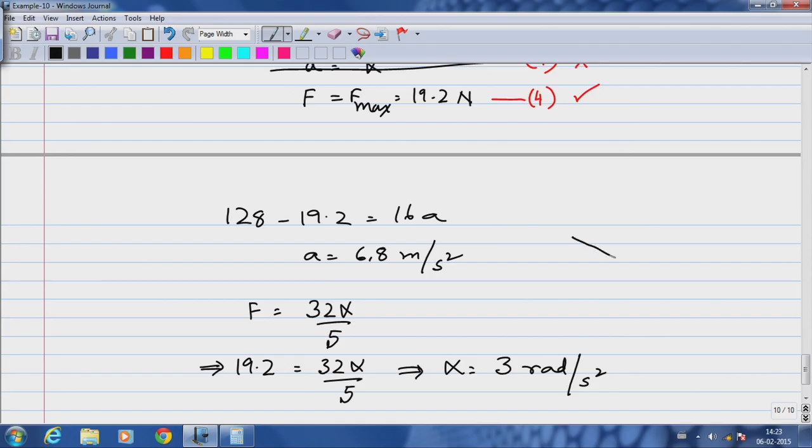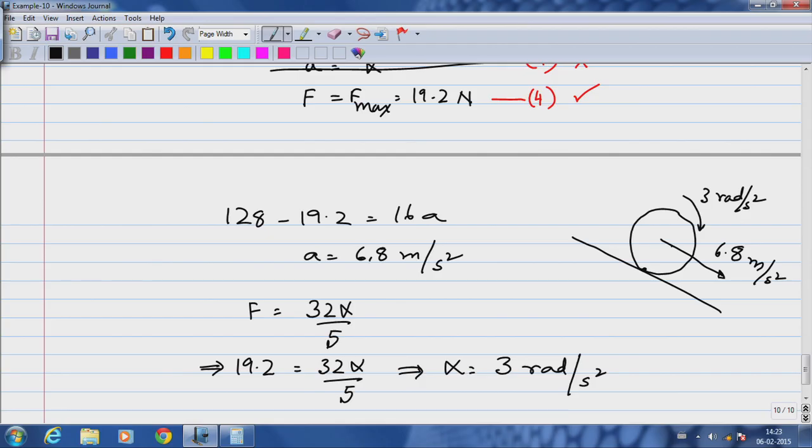So, just to get a feel for how this is going to behave, this point here is moving at 6.8 meters per second squared, and this is rolling at 3 radians per second squared.